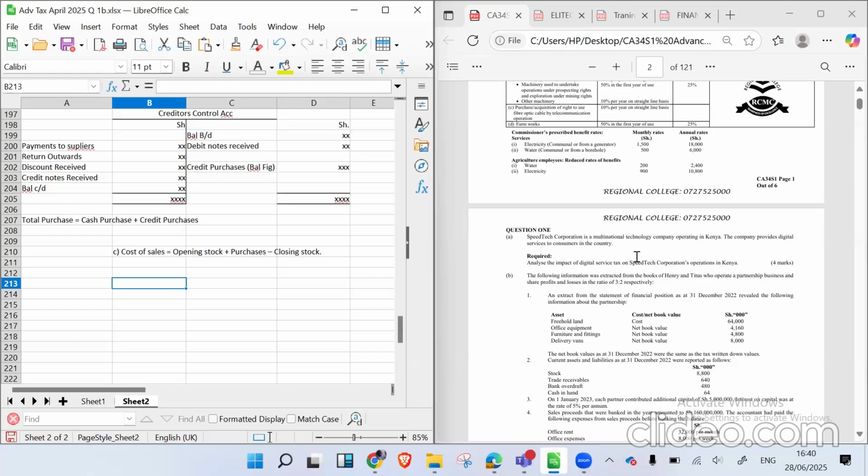So you can just say another impact: capital allowances associated with the digital industry increase allowable expenses for tax purposes.